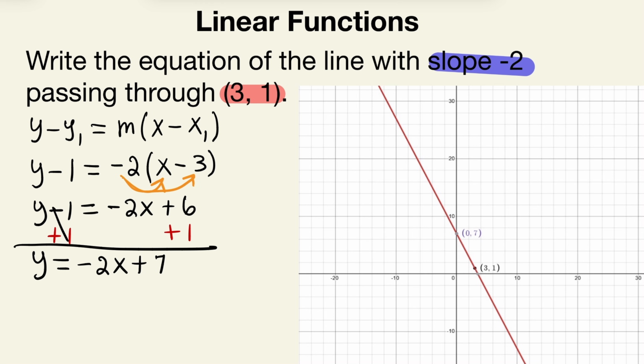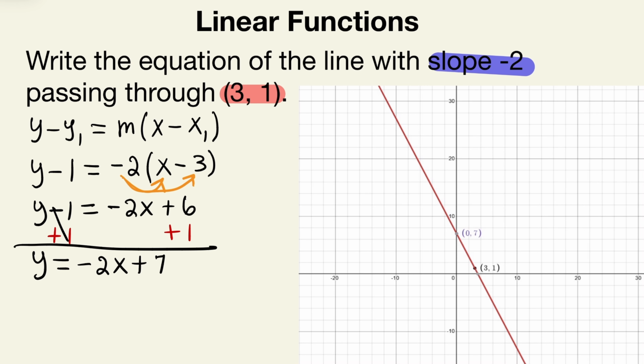I also want you to notice that the slope is -2. The y-intercept is 7. All right, so you can type this into Desmos and you can confirm that this equation is true, right? So let's take a look here.